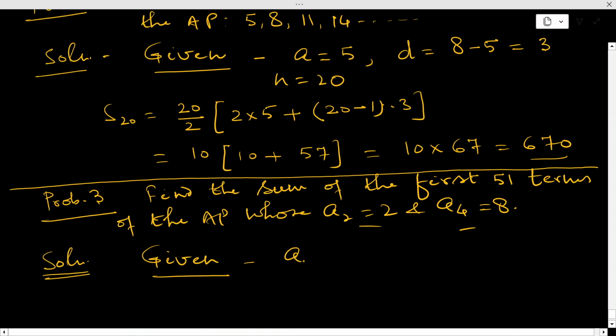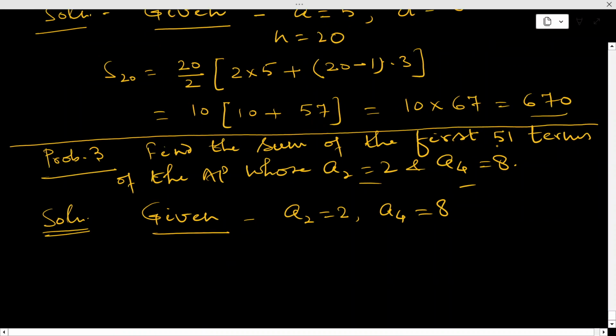We are given A2 is equal to 2 and A4 is equal to 8, and of course the value of n is also given to us, means we have to find out the sum of 51 terms. So the value of n is 51.